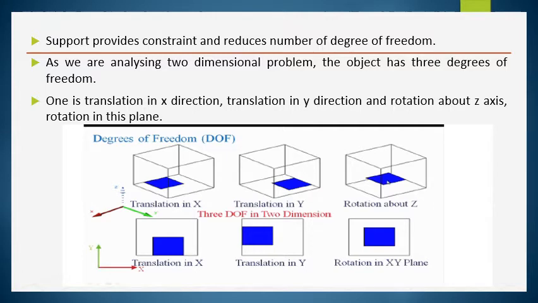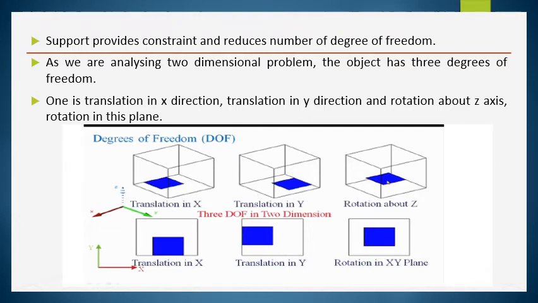So support provides restrictions and reduces the number of degrees of freedom. What does degree of freedom mean? The ways or directions in which the body can freely move or rotate. If it is a three-dimensional object we are considering, then there will be 6 degrees of freedom.